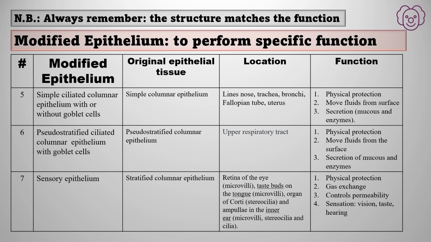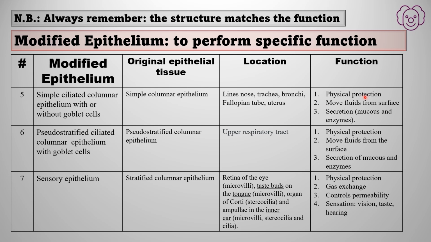Moving forward within the modified epithelium, we have the simple ciliated columnar epithelium with or without goblet cells. This originates from simple columnar epithelium. It lines the nose, trachea, bronchi, fallopian tube, and uterus.